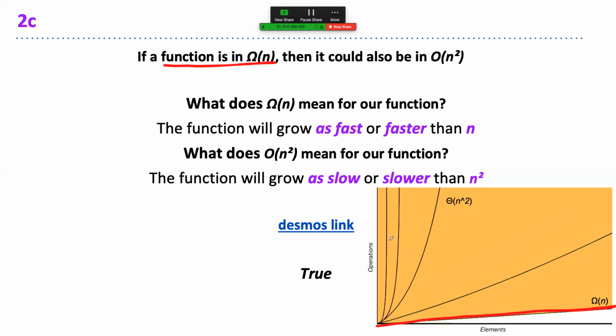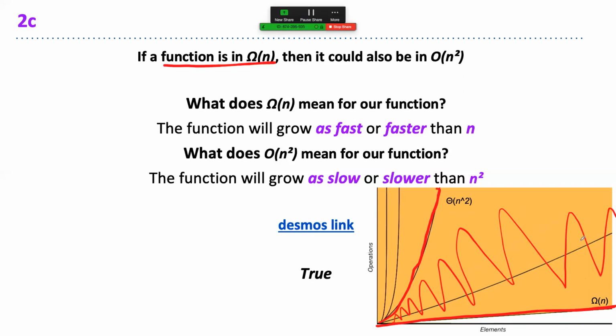And O of n squared is this upper bound. Because n squared is contained within this whole shaded region of omega of n, and when we set a boundary of O of n squared, we can also see that this whole shaded region is contained in this orange region.